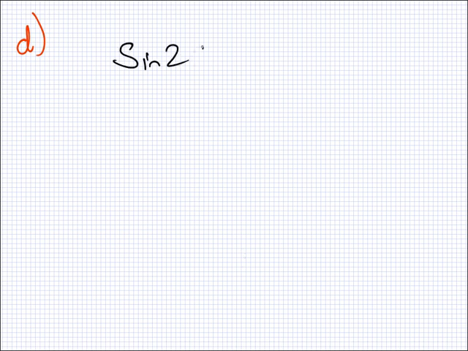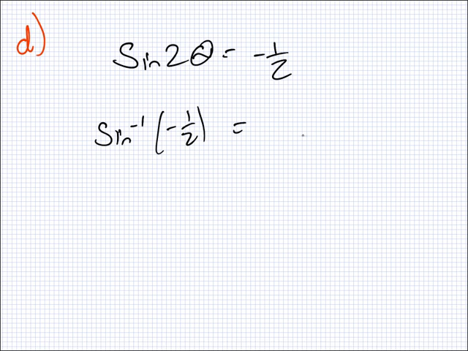Sine 2 theta equals minus a half. Solve. Right. So, firstly, how many answers should there be? 4. Sine inverse minus a half, please, is minus 30. And the second answer is you add 180, no, 220? 150?